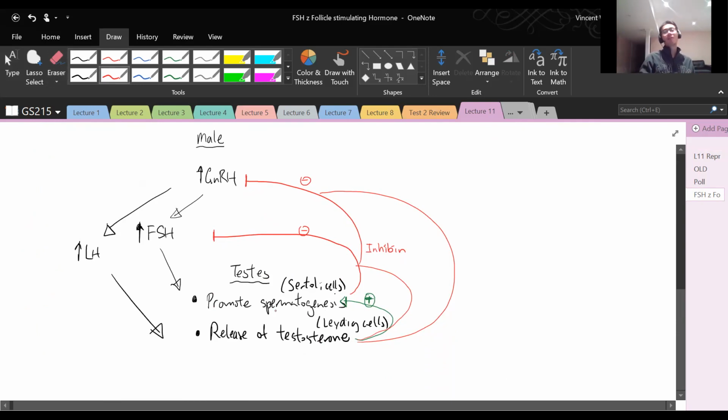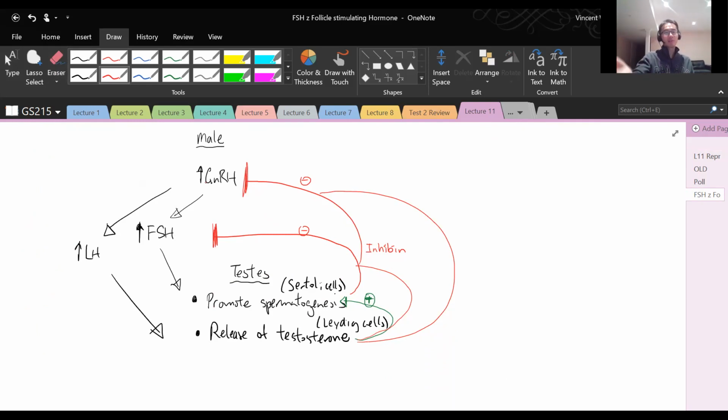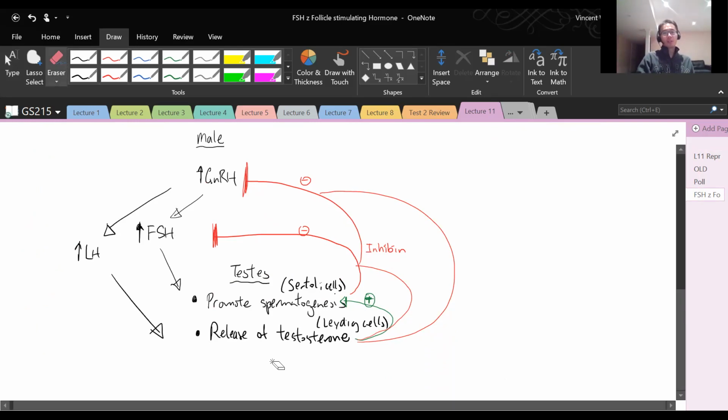If we look at our feedback loop here, yes, some testosterone will promote spermatogenesis, but if you overdose on this stuff, if you take it when your body doesn't really need it, then the excess testosterone will actually exaggerate this inhibition, which is essentially like a handbrake on the whole situation. Like driving, you slam on the brake and then you pull the handbrake, nothing moves. So with the excess testosterone, the negative feedback loop will be very strong.